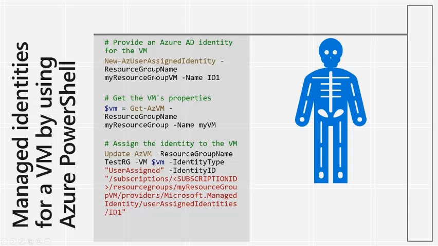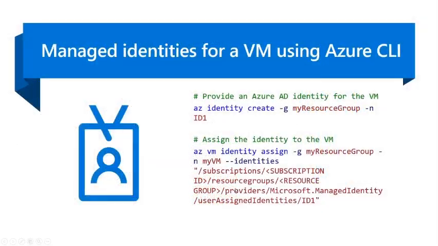Here you give the resource group name, my resource group VM, and the name of the user assigned identity, ID1. And then you get the virtual machine's properties, and then you assign the identity to that virtual machine, with the user assigned identity ID, subscription, and all that information.